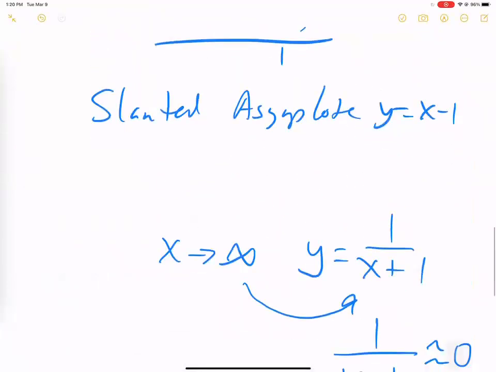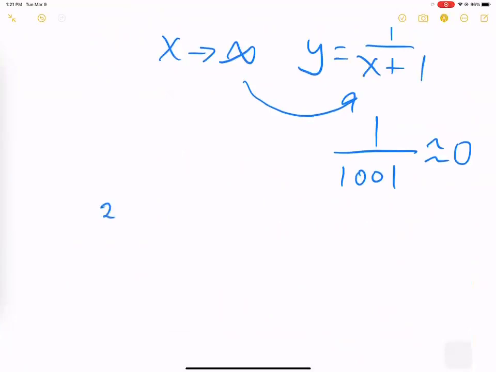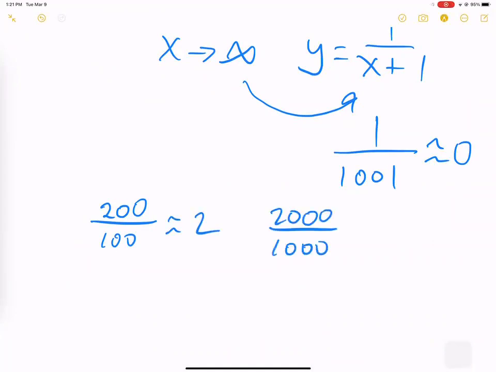So let me ask you this follow-up question. If I say 200 divided by 100, isn't that pretty much 2? What's 2000 divided by 1000? That's 2, right? The idea is that when we divide things, as the numbers get bigger, the fractions become more the same, approximately 2.